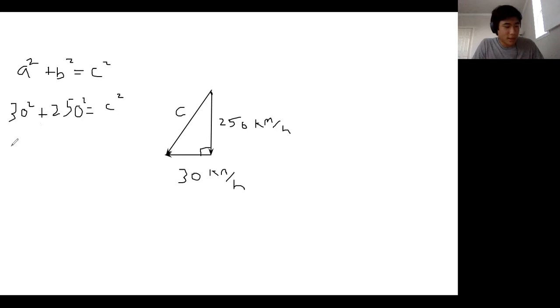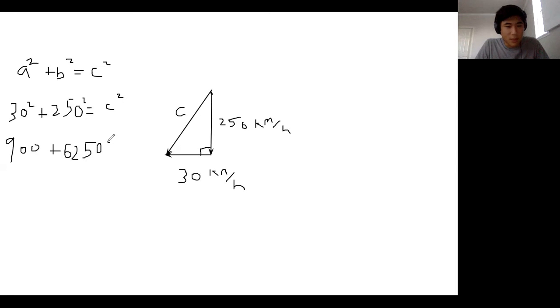And if we do the math on this one, let me figure that out. It'd be 30 squared, which is 900, plus 250 squared, which is 62,500.